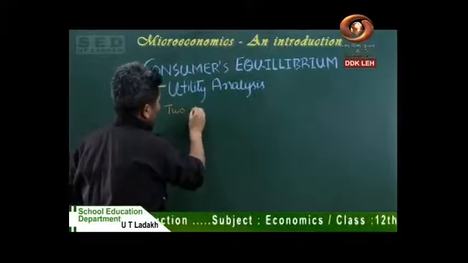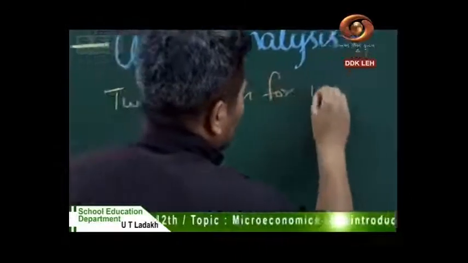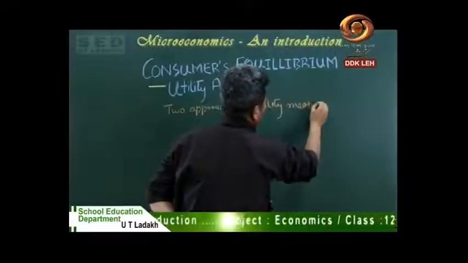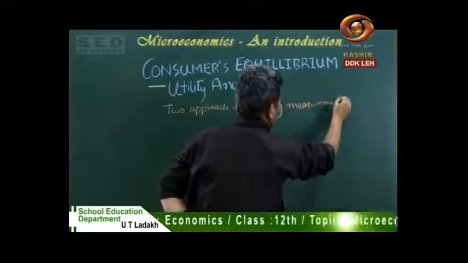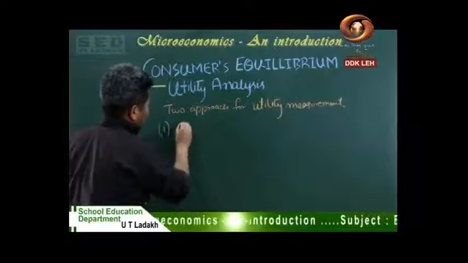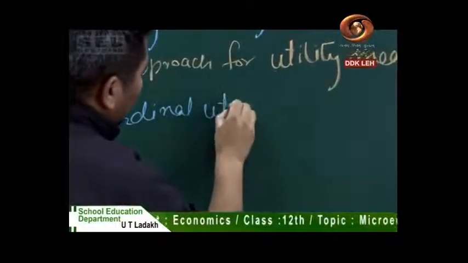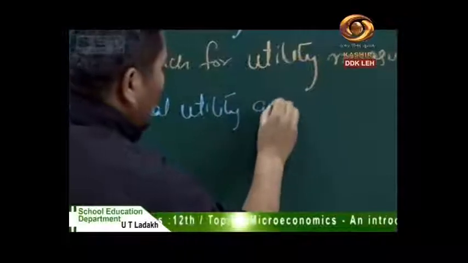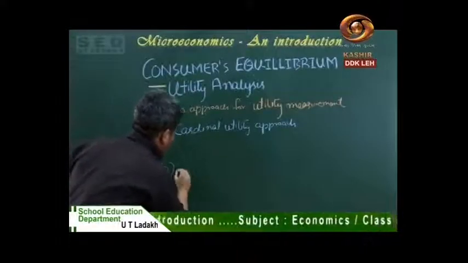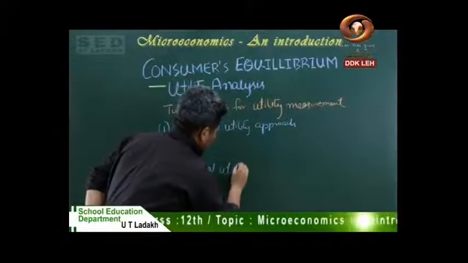Two approaches for utility measurement, which are the cardinal utility approach, and the second one is the ordinal utility approach.